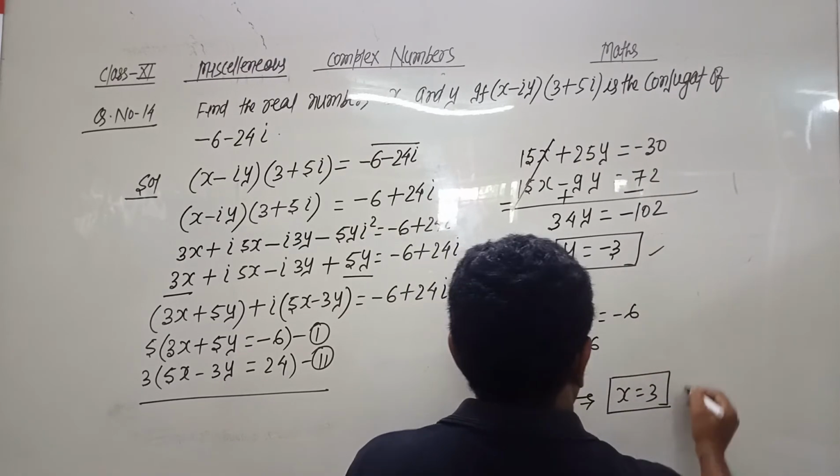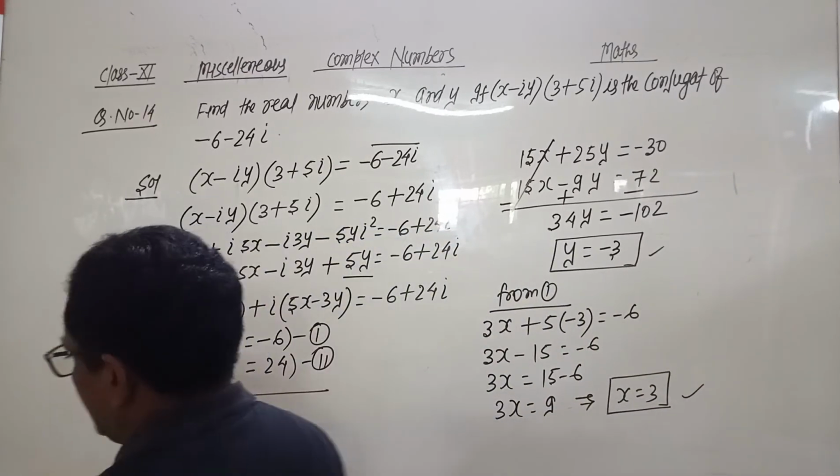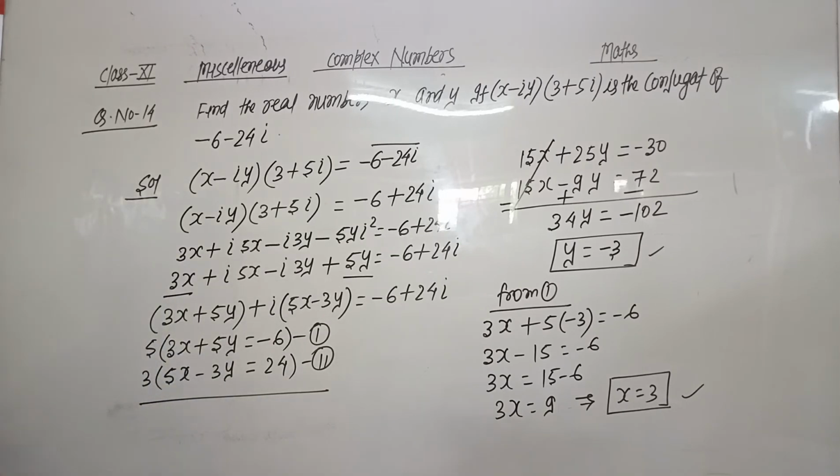So these are the two real numbers: x equals 3 and y equals minus 3.